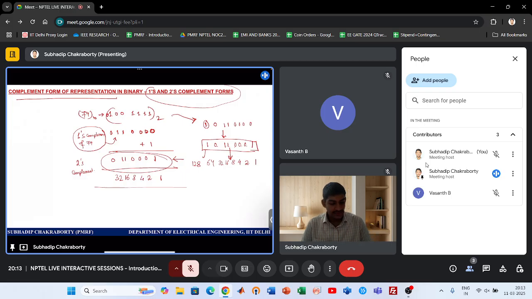So try to tell me the decimal equivalent of this number. Obviously, since this is a signed bit, it will go with minus 128. So tell me what is coming. Minus 128 plus 64 plus 32 plus 16 plus 8 plus 4 plus 2 plus 1. What is it coming to? Just do and check.